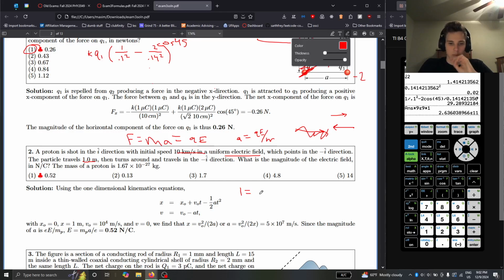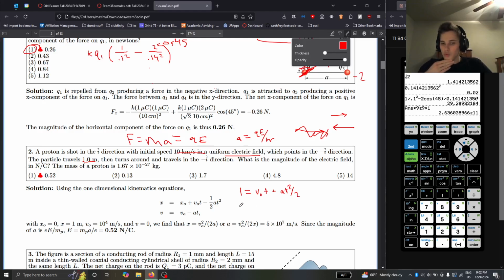Okay, I remember this one. This one's actually a relatively difficult kinematics problem, all things considered. So, 1 meter, what does this represent? Well, this represents the displacement: v naught times t, and then plus a t squared over 2, or rather minus a t squared over 2, since the acceleration there is negative.